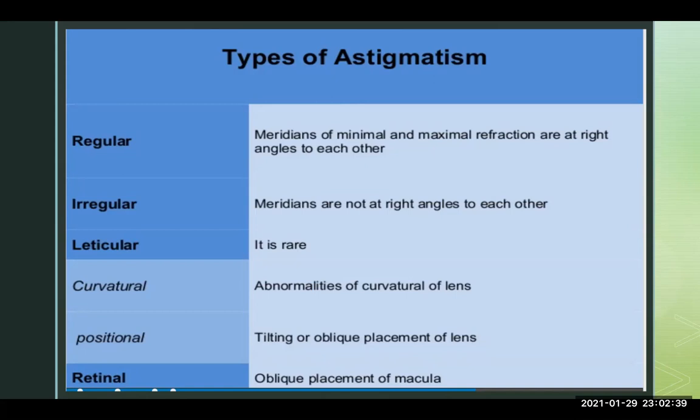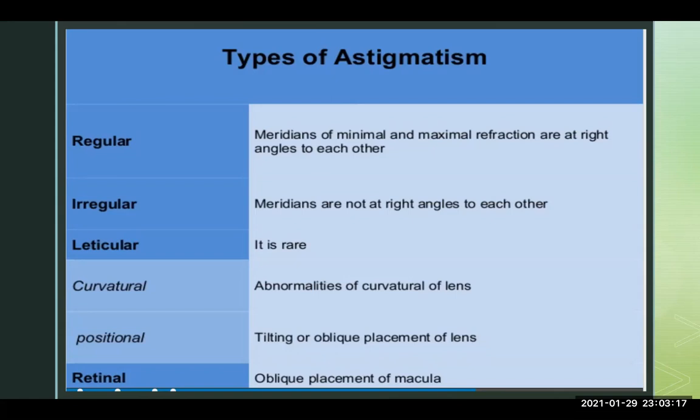But actually, the regular astigmatism means that the corneal surface meridia are apparently arranged in a straight and regular manner, while in the irregular astigmatism, the main meridia, the vertical and the horizontal meridia, are not related to each other at all, and the curvature is not complete on the corneal surface.